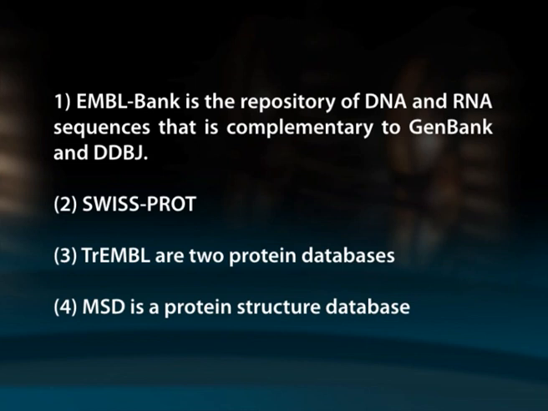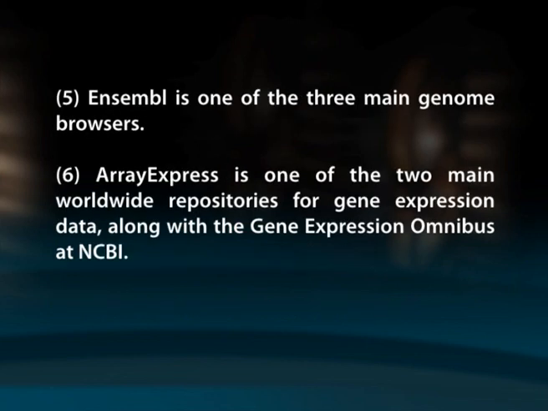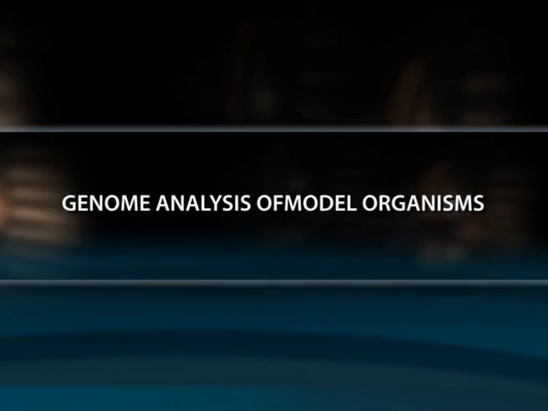Number 4, MSD is a protein structure database. Number 5, Ensembl is one of the three main genome browsers. Number 6, ArrayExpress is one of the two main worldwide repositories for gene expression data, along with the Gene Expression Omnibus at NCBI.